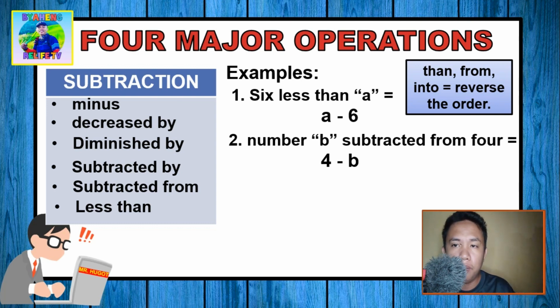Pag subtracted from, siya yung babawasan ng number. Okay? Pag subtracted by, yung number ang ibabawas mo sa kanya. Pag subtracted from, parang yung number na nabanggit mo una, siya yung ibabawas mo dun sa number na nasa huli. Yan ang ibig sabihin niya.